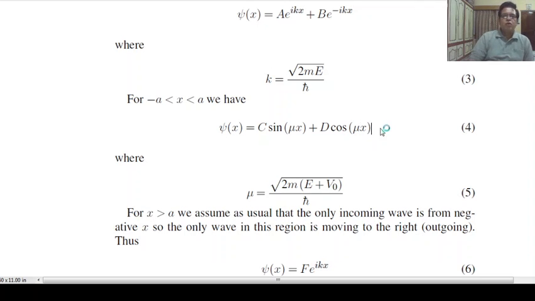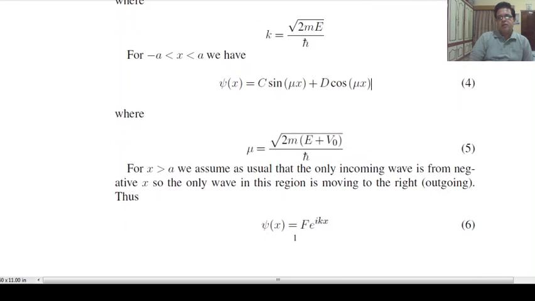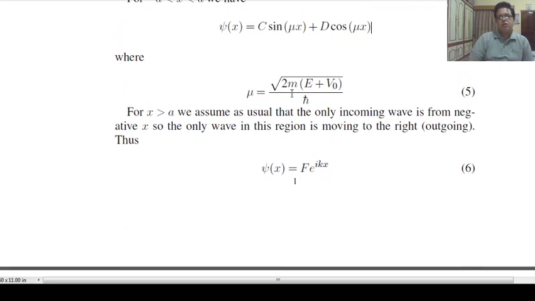So you learn how the same results as in your book are obtained using this solution, where mu equals the square root of 2m(E plus V0) upon h bar.